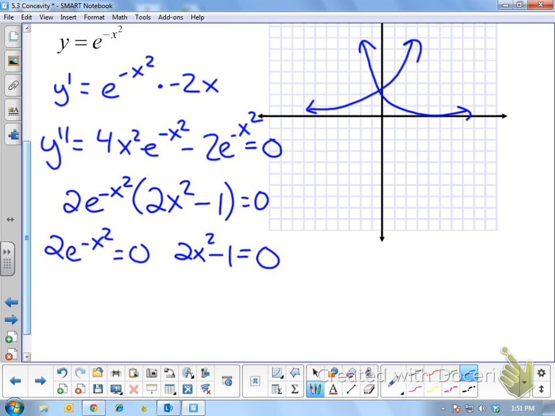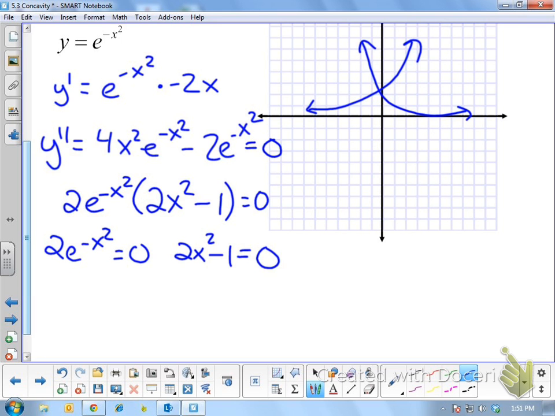But what do we know about that graph? It never equals 0. E to a power will never equal 0, and they like to use that fact quite a bit on the AP test. Unless we had some sort of vertical shift. Well, actually, a horizontal shift wouldn't do it. If we had some sort of vertical shift down, then we would cross through 0. But as of now, it never equals 0.